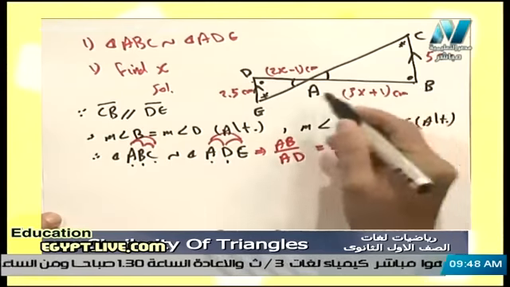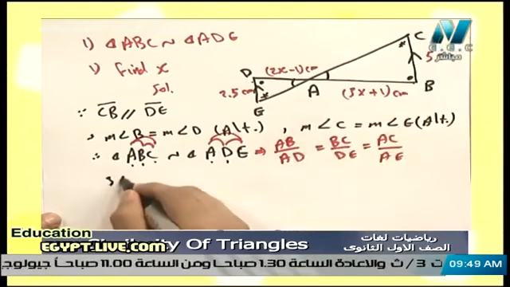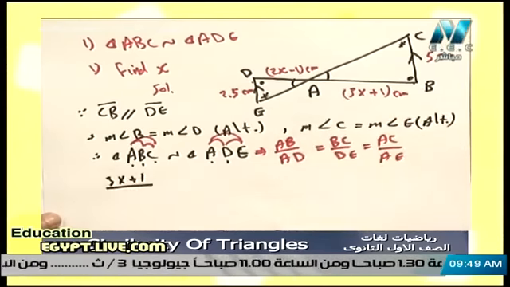AB here will be 3x plus 1 over AD here equal 2x minus 1. What about BC? BC here equals 5 over DE equals 2.5. So in simplest form, this number will be 2, or we can say 2 over 1.